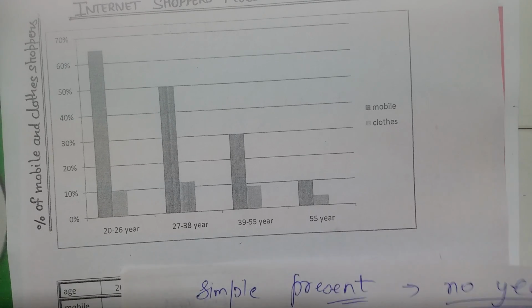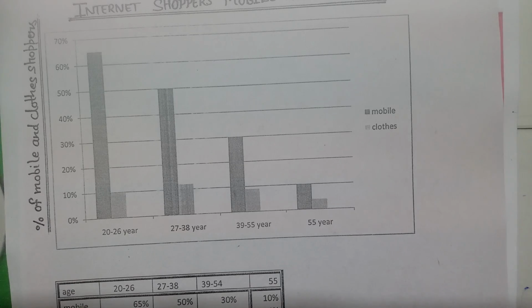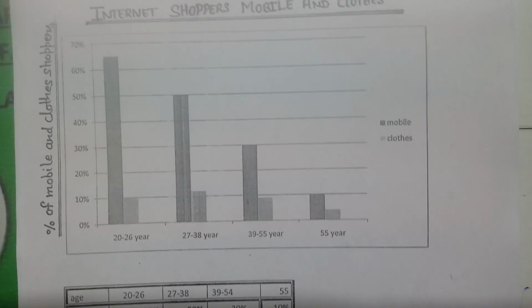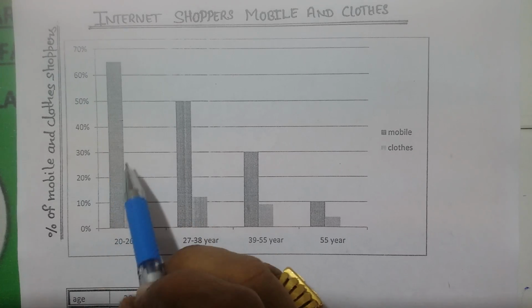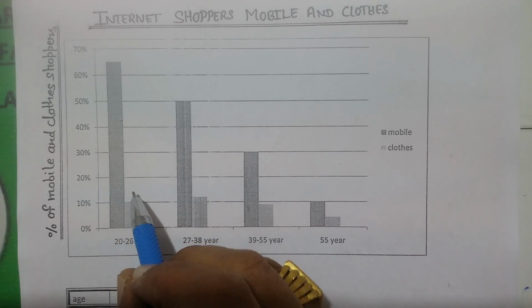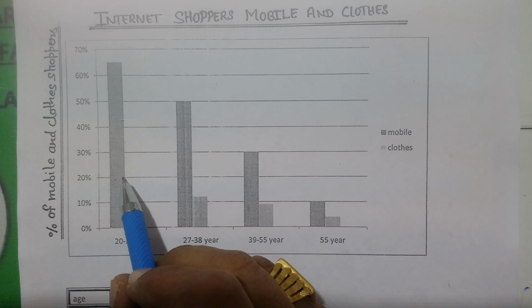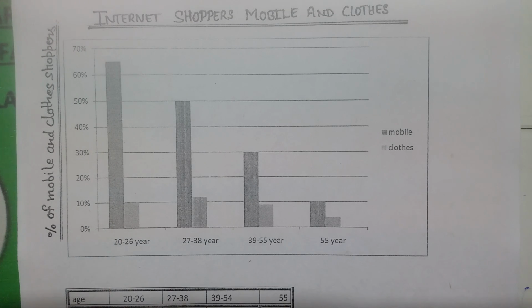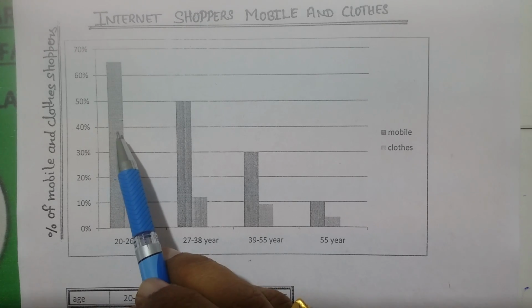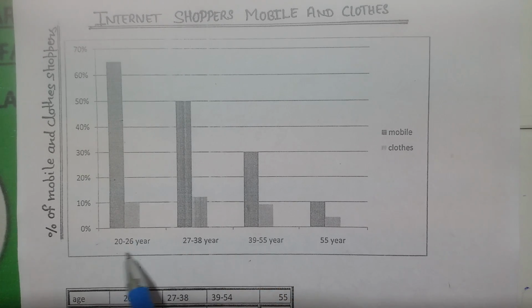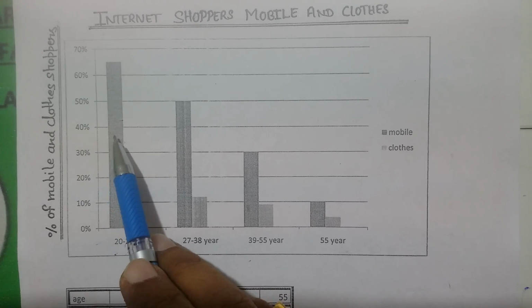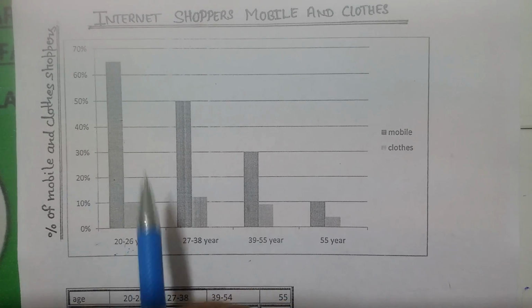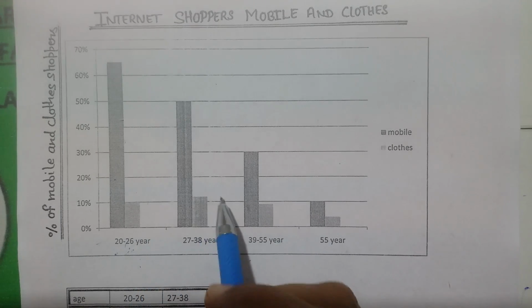Second is that you can check, let me do the work on this. If I compare mobile and clothes, then you can check according to the chart, mobile purchase is more online, and second, this age group, we can say the youngest age group, has more purchase than the other age groups.